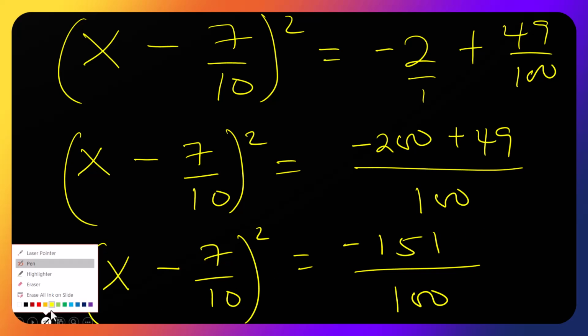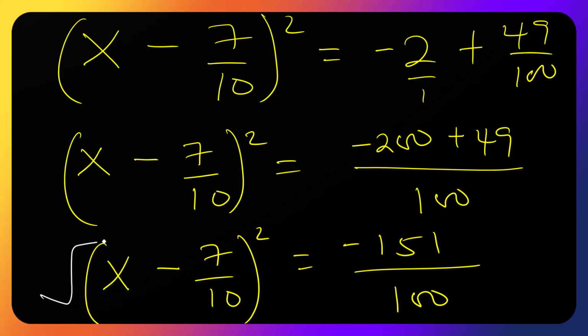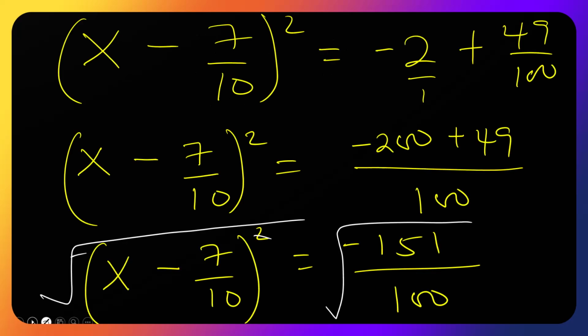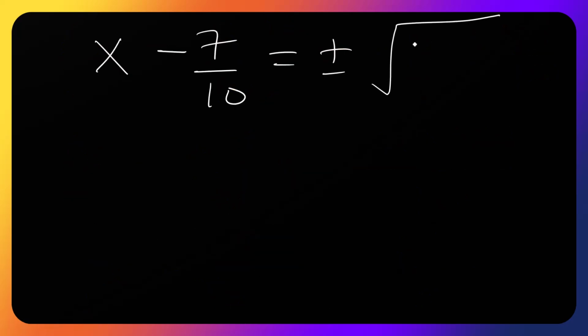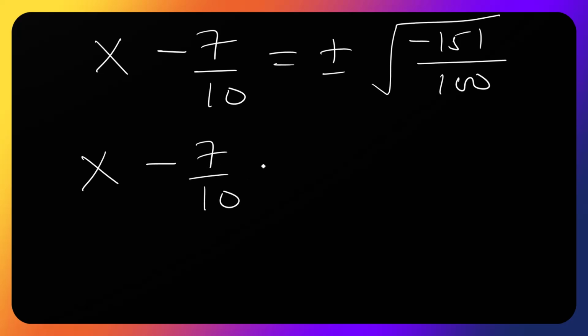Okay, so let's take the square root of both sides. This one will cancel, so x - 7/10 equals plus or minus the square root of -151/100.